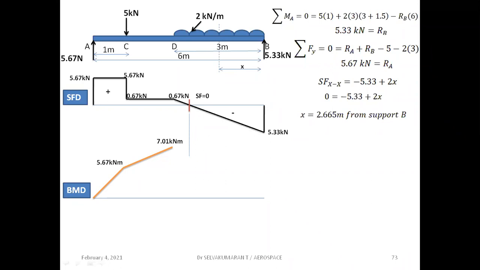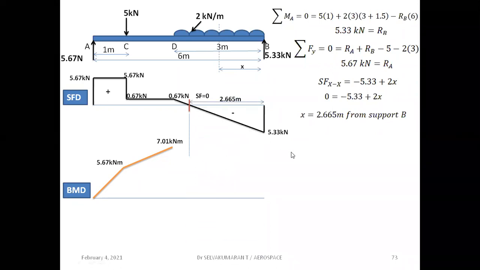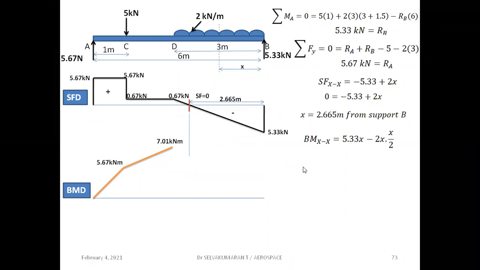So how to obtain this maximum bending moment? We have shown this distance here on the figure. So we have to write down the bending moment expression about XX considering the right hand side. 5.33 into x, right side anti-clockwise positive, and this UDL gives clockwise moment with respect to this section, so negative.